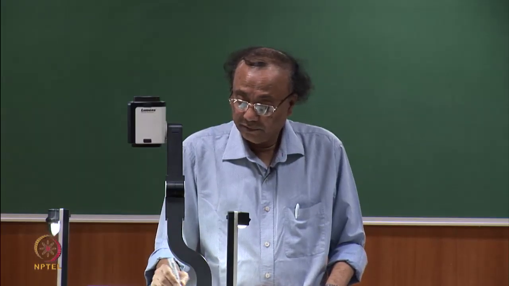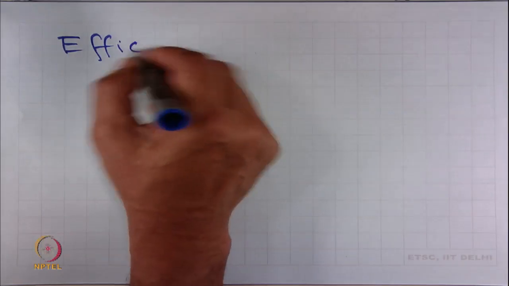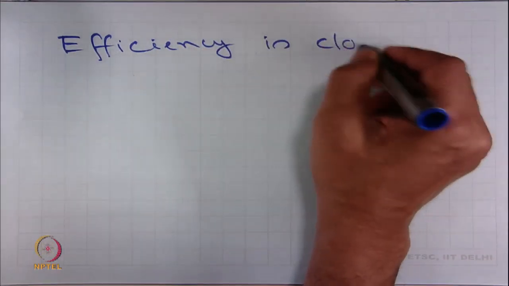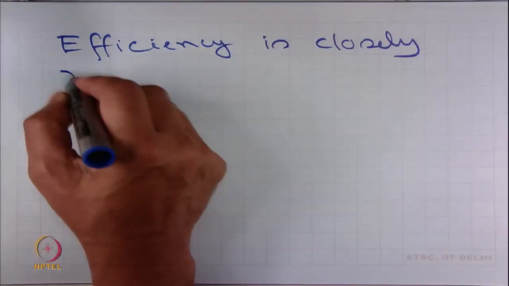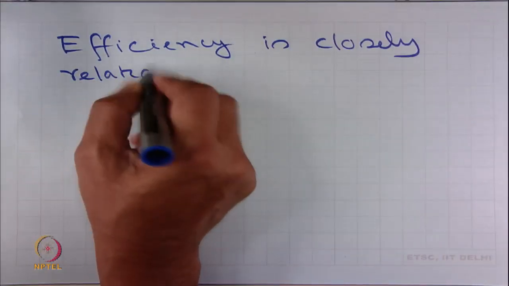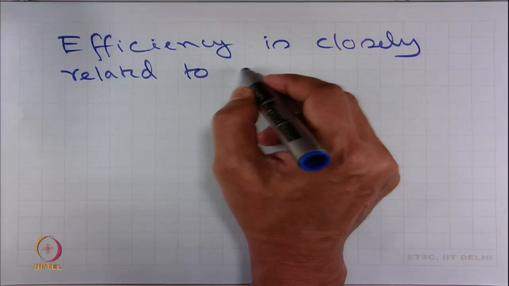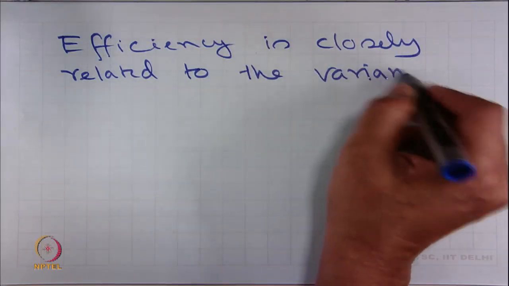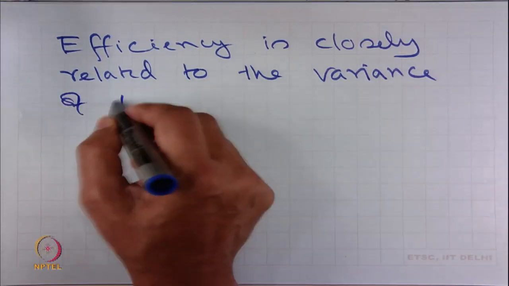Now, efficiency is closely related to the variance of the estimator.